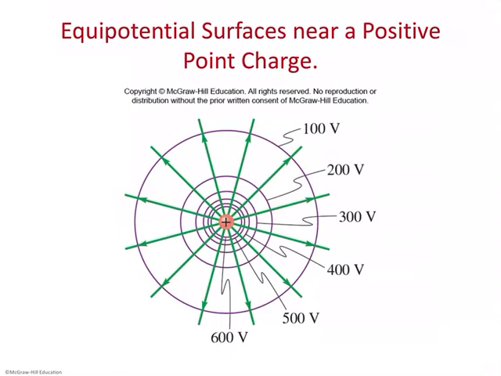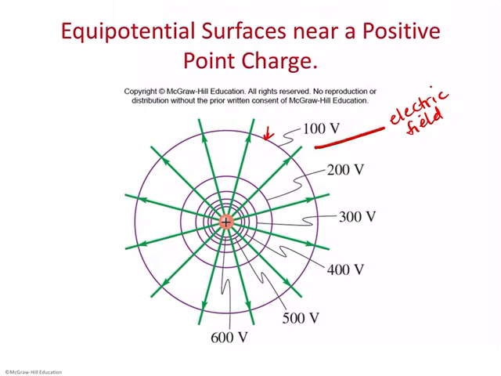Okay, so what are the green lines? It's a positive charge. The green lines are going out of it. The green lines are electric field lines. Okay, that should seem familiar. The purple, however, is the equipotential surfaces. Everything on this first circle right here is 100 volts. Then if you get a little bit closer, you're at 200 volts.